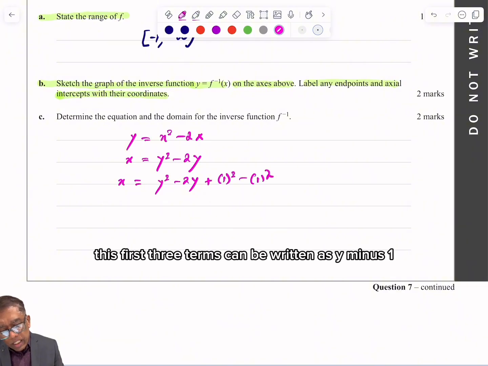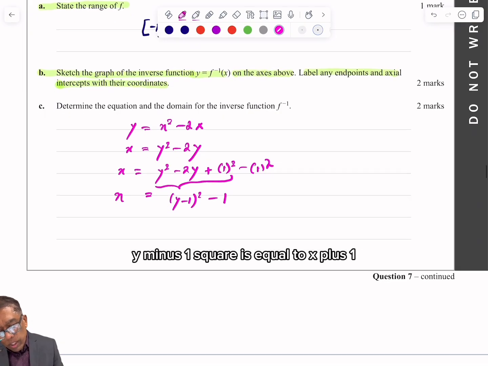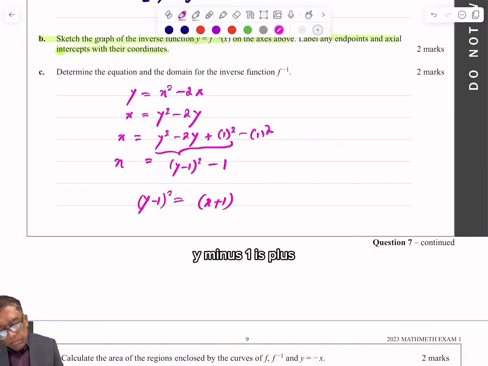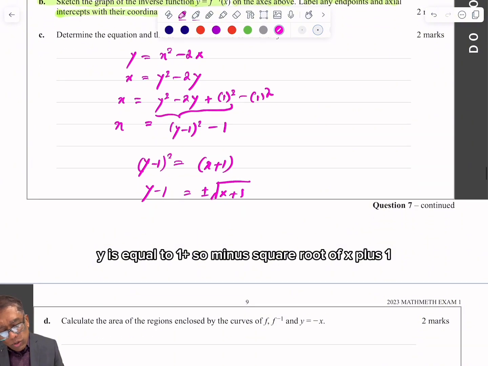These first three terms can be written as y minus 1 whole squared minus 1. Then y minus 1 squared is equal to x plus 1. Y minus 1 is plus or minus the square root of x plus 1. Y is equal to 1 plus or minus the square root of x plus 1.